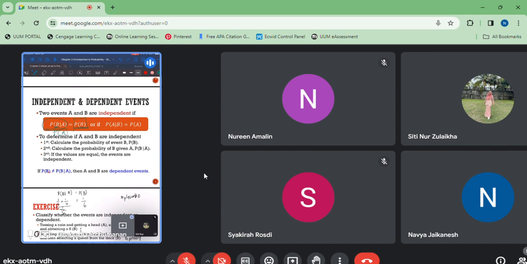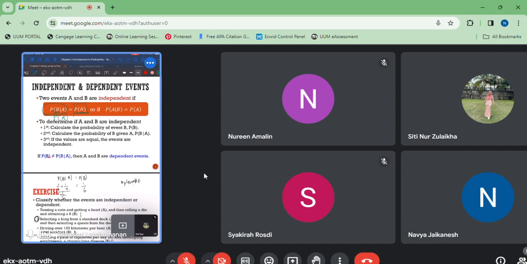P of B given that A. So P(B|A) over P(A) equals P(B). If it equals, then it's an independent event. If this does not equal, then it's a dependent event.